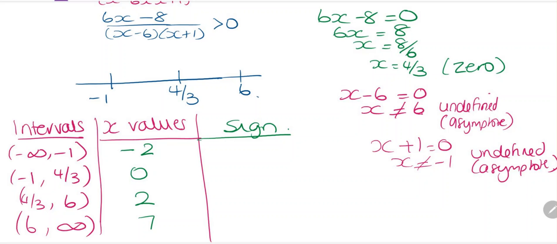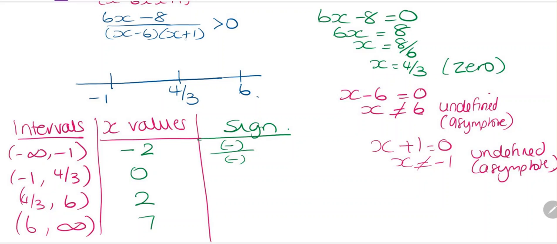If we put minus 2 into this value here, we will have 6 times minus 2, so this is going to be negative. And then on the bottom, if we put minus 2 into this value here, we'll have minus 2 minus 6, so this is also going to be negative.